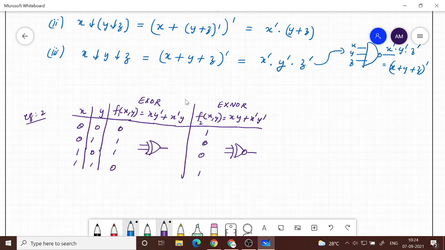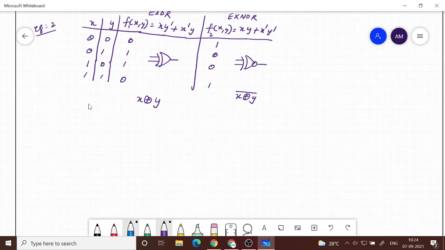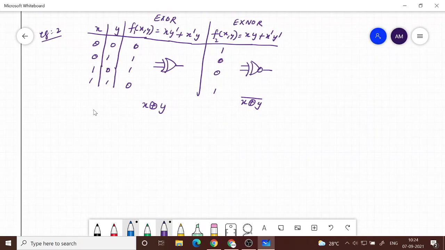Another way this operation is specified is like this, and this is denoted like this. So why I am taking this example is, if you take XOR operation and try to do this, then surprisingly this satisfies the associative property.